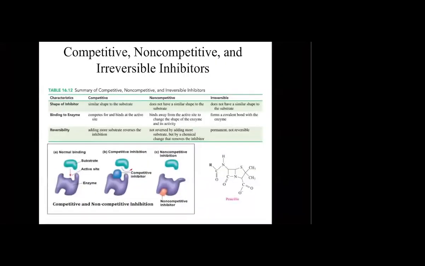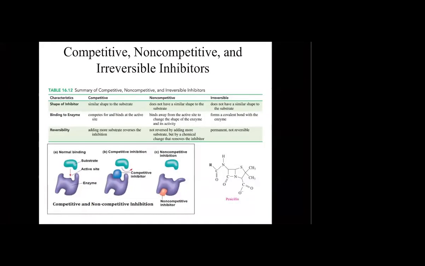Then let's move on to the last condition that can affect enzyme activity, and that is the use of inhibitors. Understand that inhibitors have been utilized in the world of medicine in order to treat or manage specific conditions.